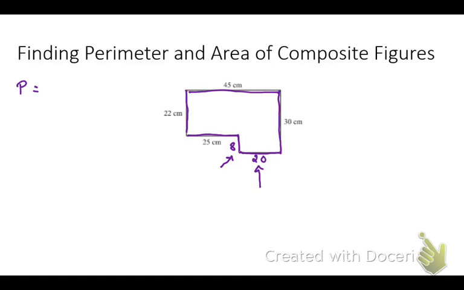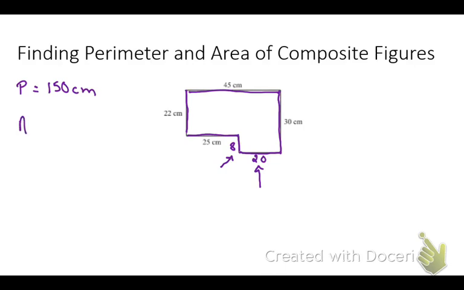So 30 plus 20 is 50, 58. I skipped over here and added 22. Got 80, 105, and then 150. 150 centimeters. Just add all the sides together.